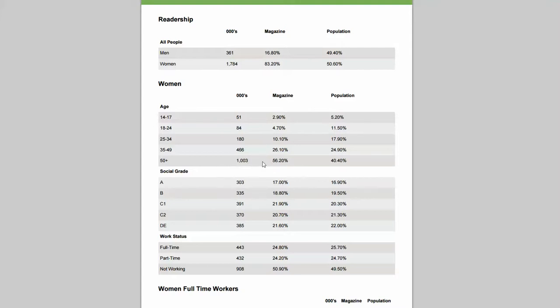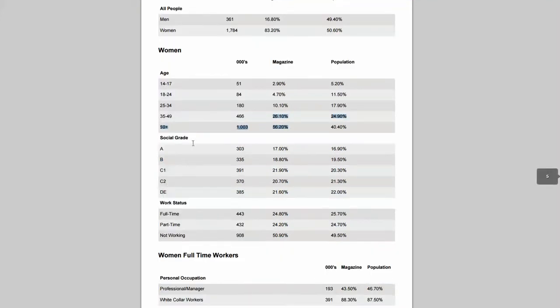So the major part of the target audience for Women's Weekly is over 50. And over 75% are between 35 and 50 plus. It tells you the social grade, and you'll have to check to see what this means.